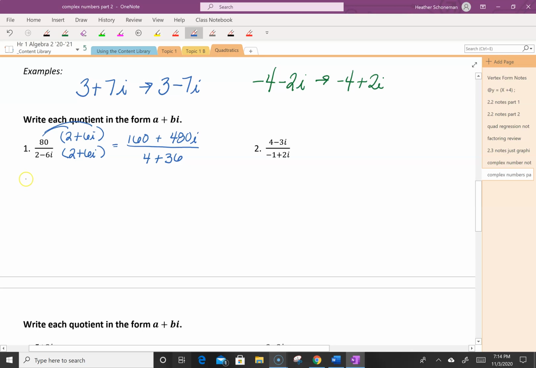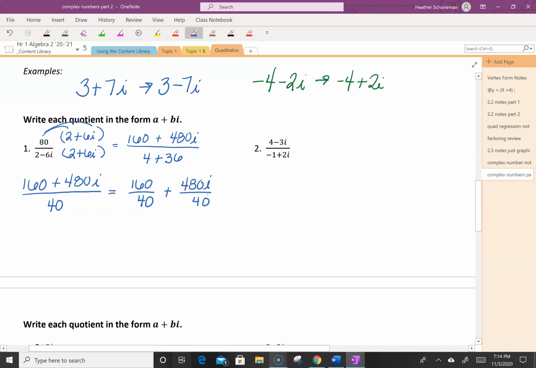Okay, now I'm going to rewrite this. So I've got 160 plus 480i all over 4 plus 36 is 40. Once I get it so there's just one solid number in the numerator, then I can rewrite it. So that would be 160 over 40 plus 480i over 40.